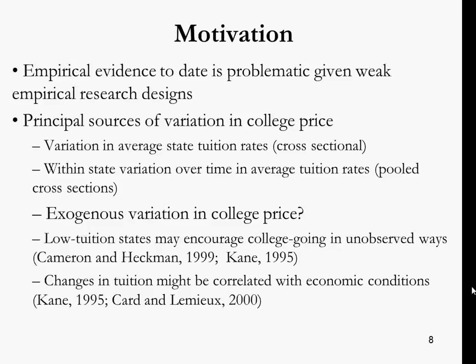Both of those may suffer from certain types of problems. Mainly, are there unobservables being correlated with the level in the error term in the cross-section, or, in the pooled cross-sections, are changes in the unobservables being correlated with changes in the tuition that might lead to biased estimates.